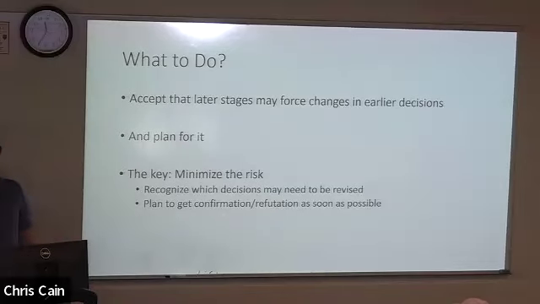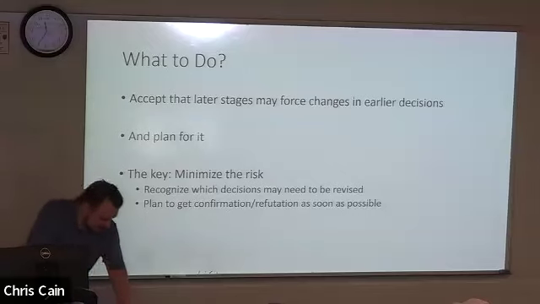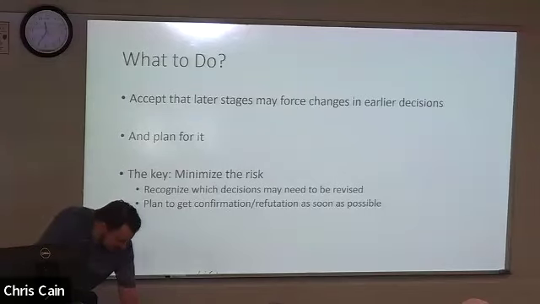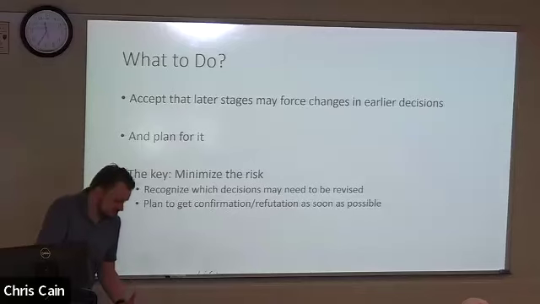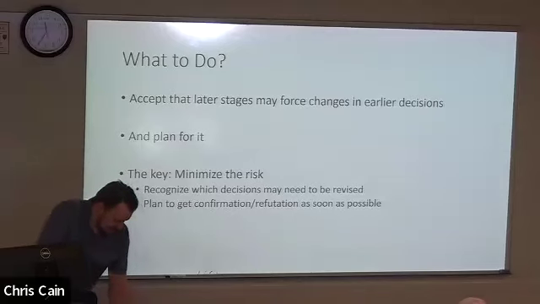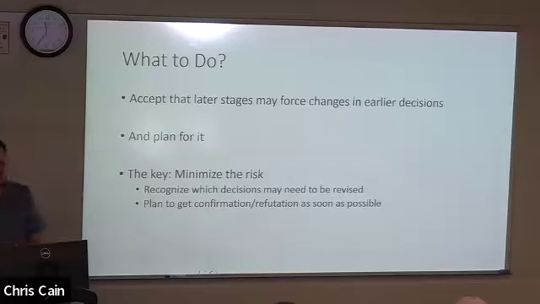So just accepting that as we're in a later stage, we may need to go back and make changes to earlier stages. Plan to do so. And the idea is that you want to minimize whatever we can quantify as risk. What decisions may need to be changed in the future?